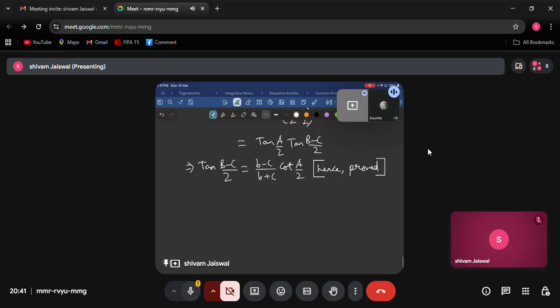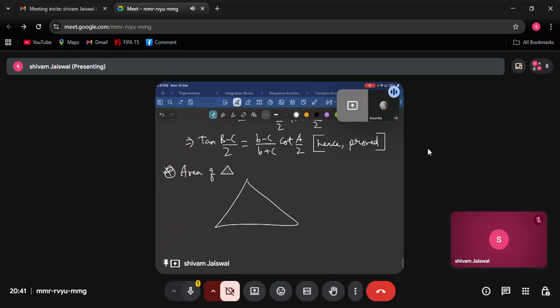Which everyone remembers, right? Area of a triangle is half into the product of any two sides multiplied by the sine of the included angle. If this is triangle ABC, AC is B, BC is A, then the area of the triangle is half into AB sine C, equal to half into BC sine A, equal to half into AC sine B. Everyone remembers?